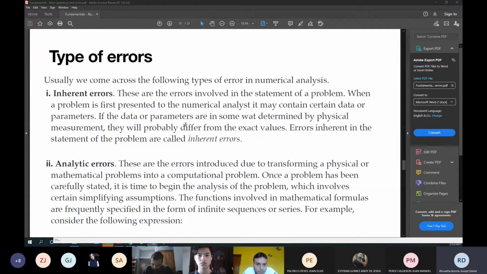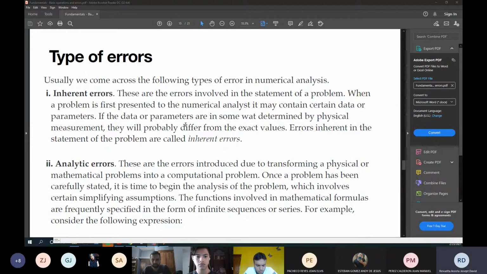So the first one is what we call the inherent errors. These errors are errors involved in the statement of a problem. When a problem is first presented to the numerical analyst, which in this case is you or myself, it may contain certain data or parameters.